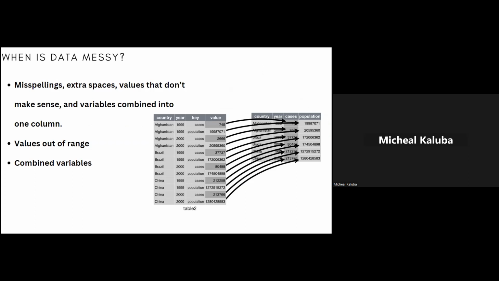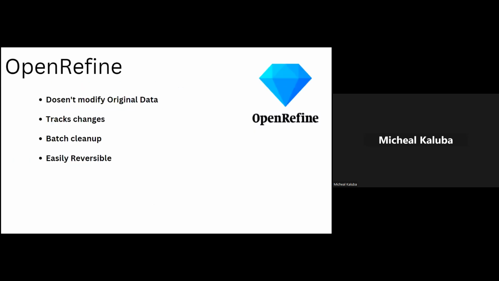Values that are out of range. When doing a project, there are values you expect to have. So if there are values that are out of range, then they need to be fixed in a process of data cleaning. You can have combined variables if sometimes they are not supposed to be combined.